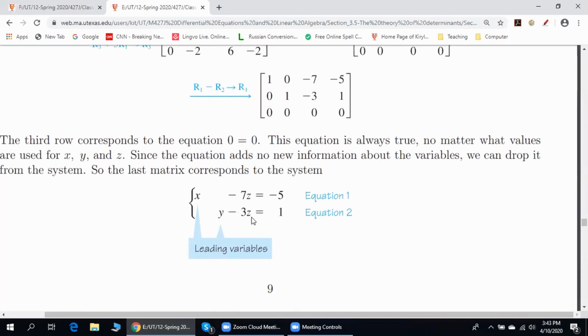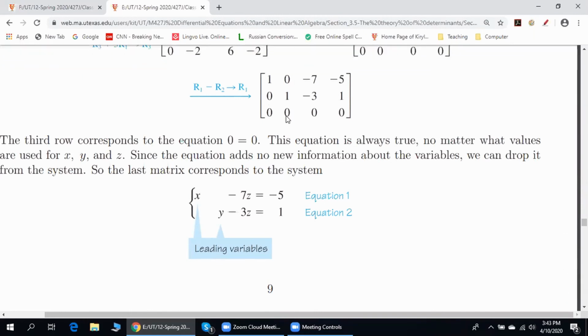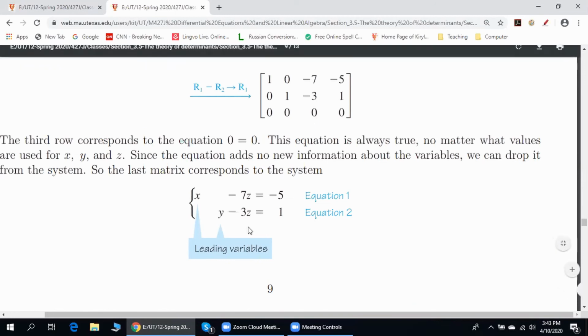Well, what is a free variable? What is a basic variable? The answer is, variables that correspond to pivot columns are so-called basic variables. Variables that correspond to non-pivot columns, and here is a non-pivot column, correspond to free variables.